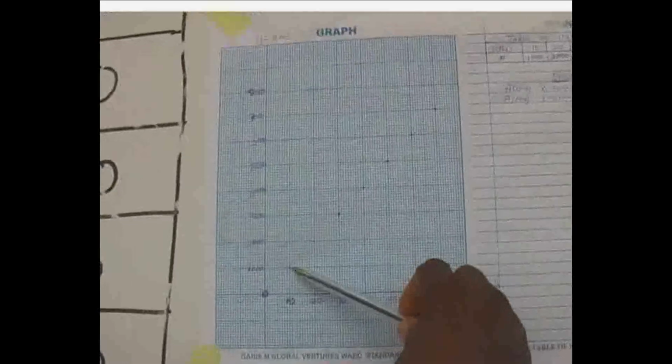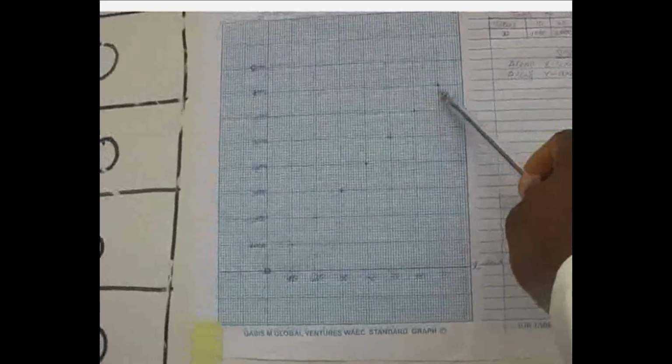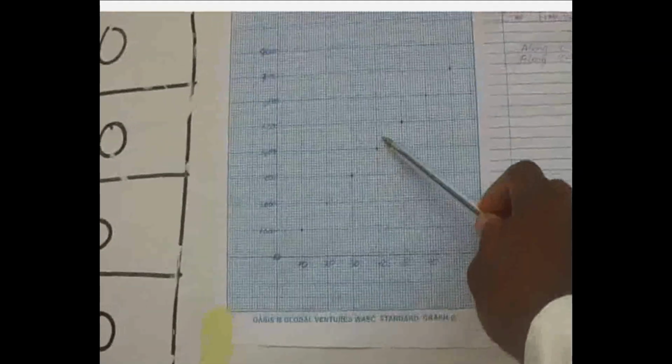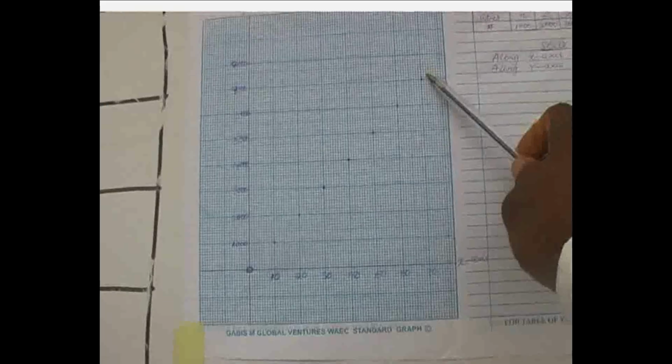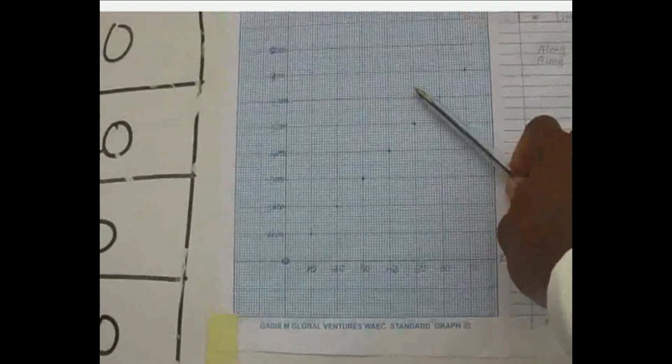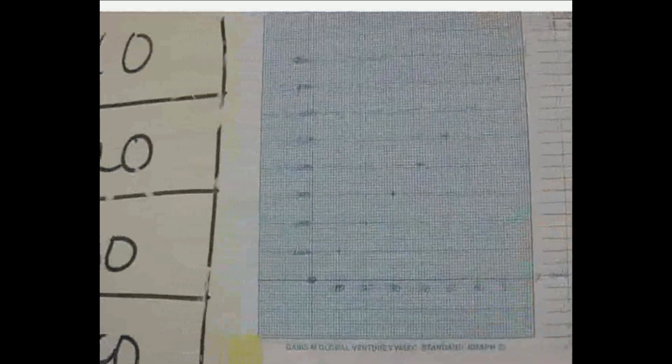Now you can see the points from the lowest to the highest. Now the next thing you do, by the time you see the graph paper again, I must have used a ruler to join these points, and it's going to give me a straight line. That is exactly what I want to do now. When next you are going to see this graph sheet again, you are going to see these points joined together.